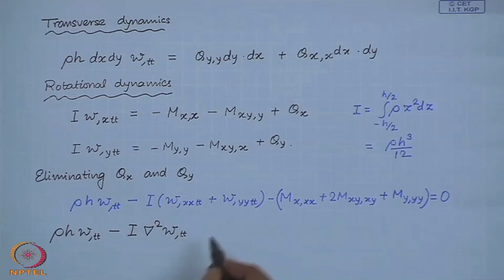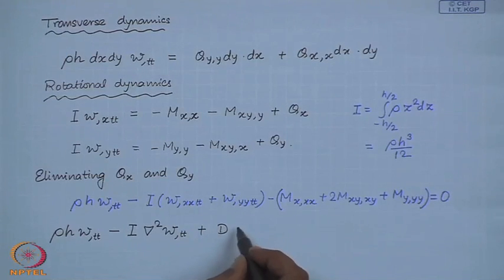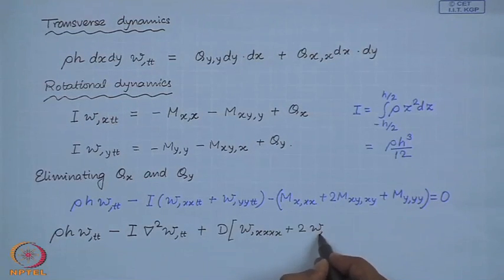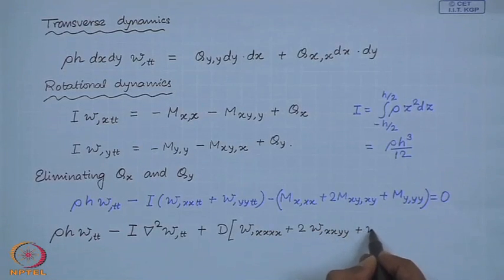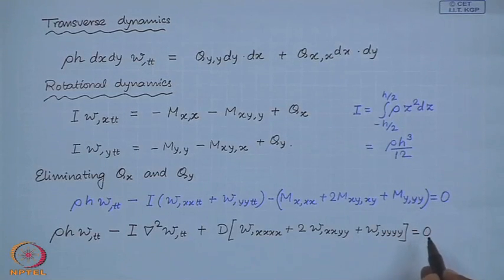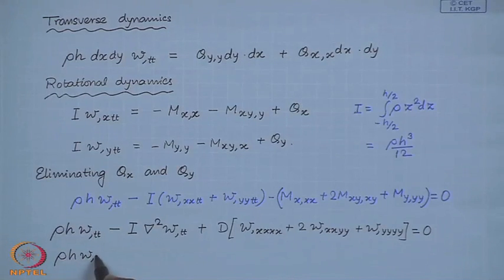This can be written as the Laplacian of w, del square w del t square, plus D. Now, this turns out to be, so we can write this in a compact form.